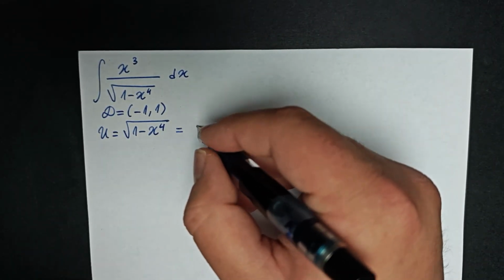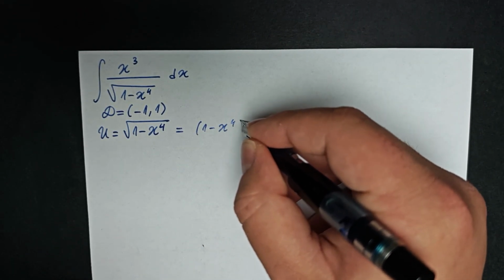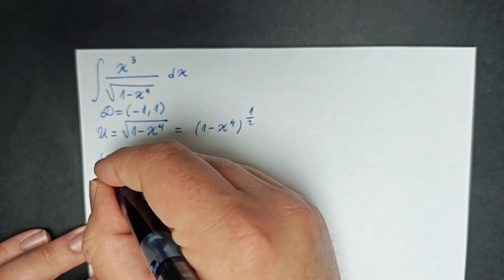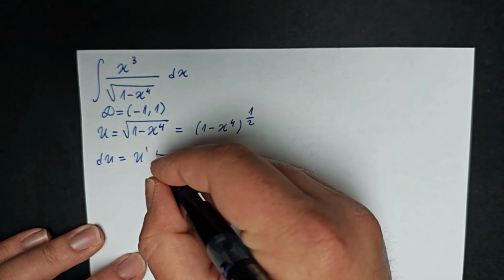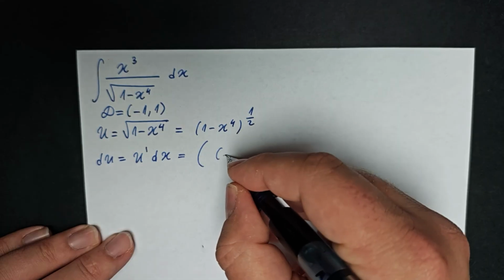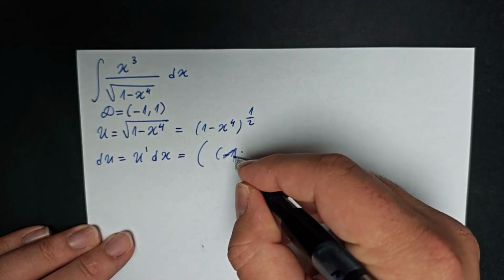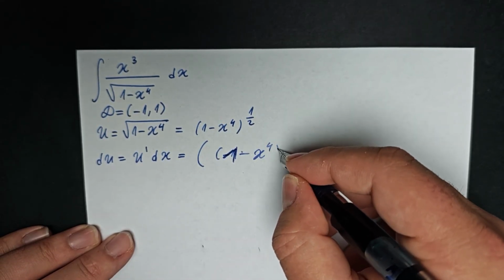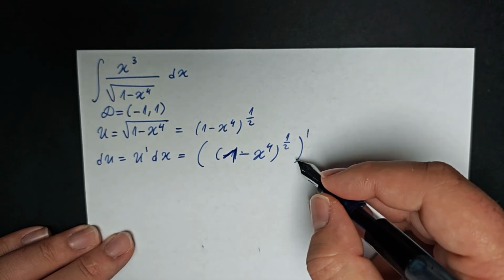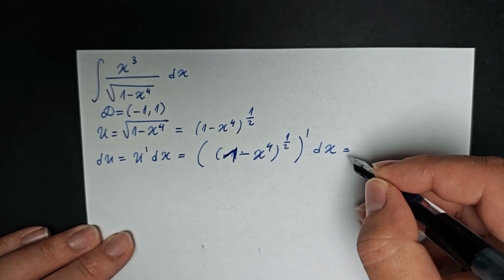So u is then equal to 1 minus x to the fourth power to the power 1/2. du is the derivative, the differential of u, and that is equal to 1 minus x to the fourth power to the power of 1/2 derivative with respect to x dx.